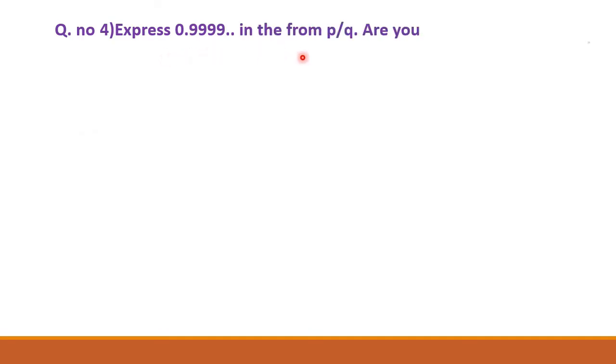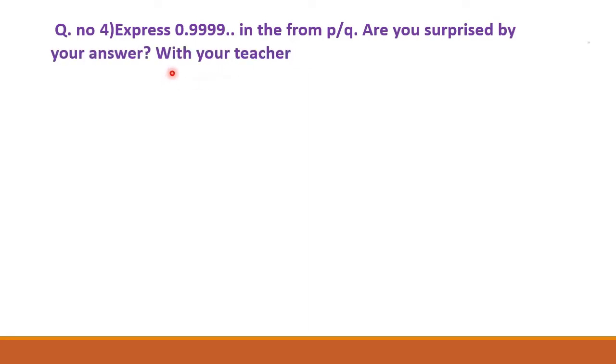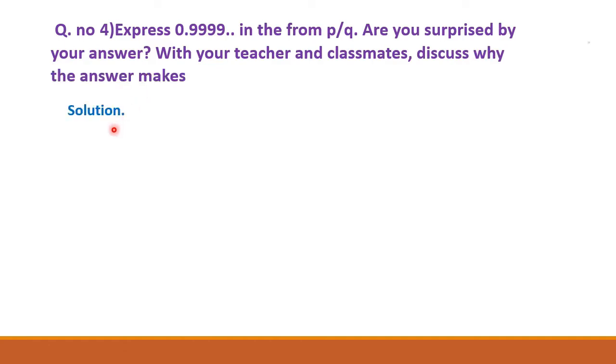Question number 4. Express 0.999 and so on in the form P by Q. Are you surprised by your answer? With your teacher and classmates, discuss why the answer makes sense. Solution. Let x is equal to 0.999 and so on. This is equation 1.